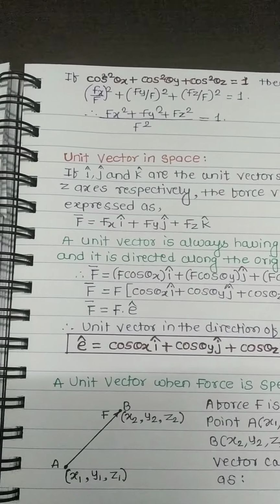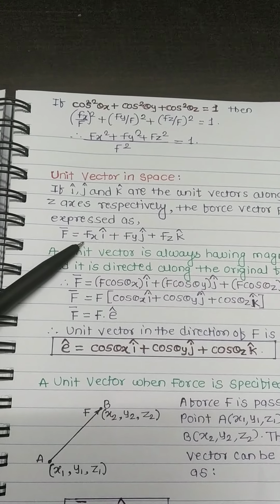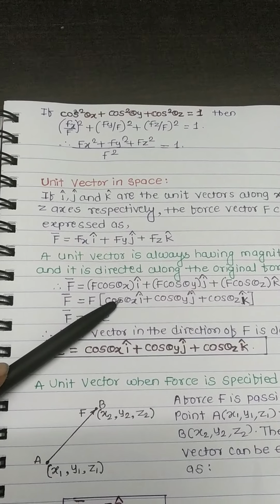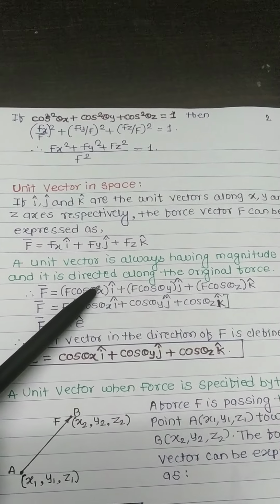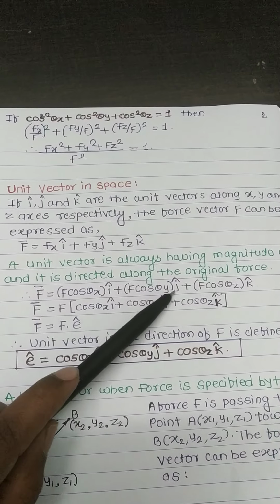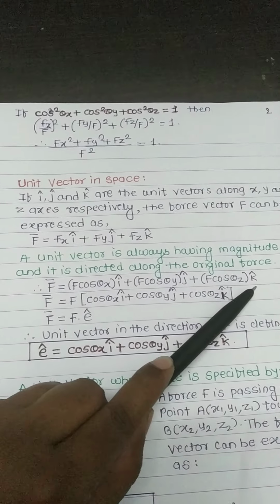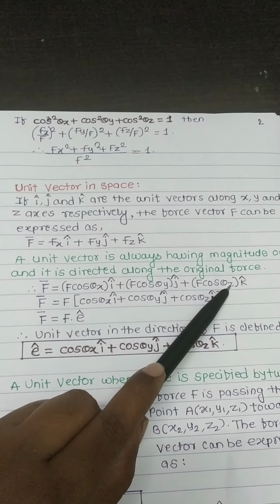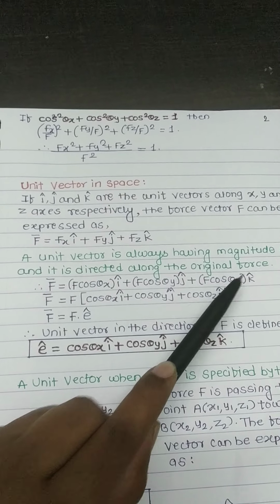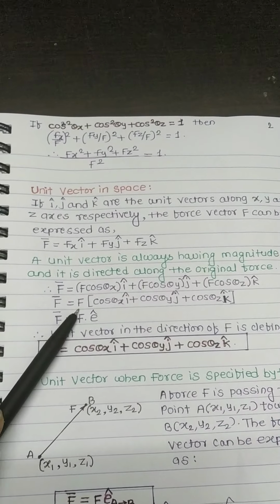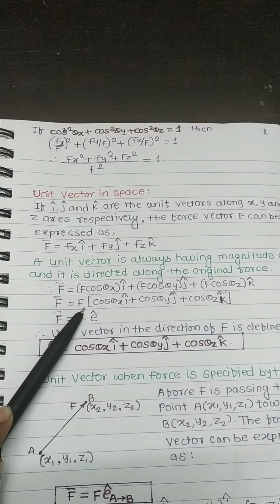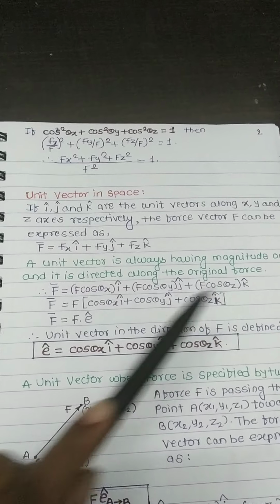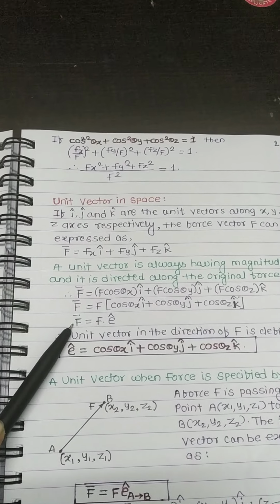With this, we can say that the vector F bar equals F cos theta x i cap plus F cos theta y j cap plus F cos theta z k cap, when F is defined with its cosine directions theta x, theta y, theta z. Therefore, F bar equals the magnitude of the force into the cosine directions with unit vector.